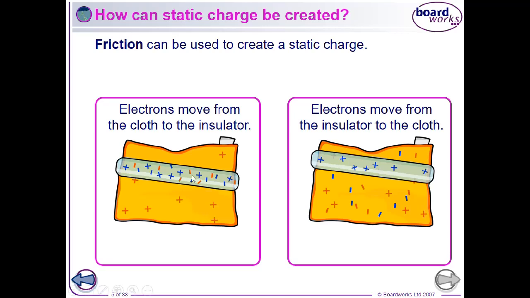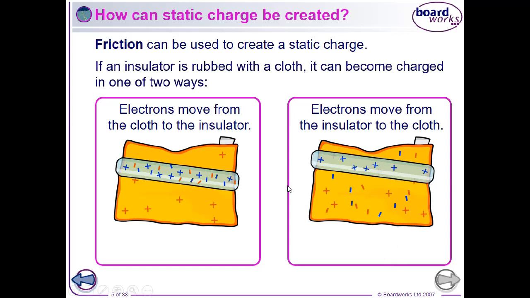So here, for example, we're rubbing this insulating rod with a cloth. Electrons are moving from the cloth to the insulator. So the cloth gets positively charged and the insulator gets negatively charged. Here, we're moving electrons from the insulator to the cloth, so the cloth gets negative and the insulator gets positive. And this depends very much on the materials that we're rubbing together.